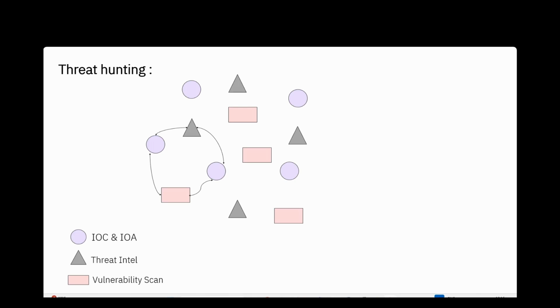The first one is 270, that I initially talked about, the days to identify that we are being attacked and the days to contain. That's a huge number. And the second number is the cost of a breach, which is in the order of 4 million. According to that Ponemon survey, 4 million is the average cost of a data breach, and that's what we are trying to avoid by threat hunting.